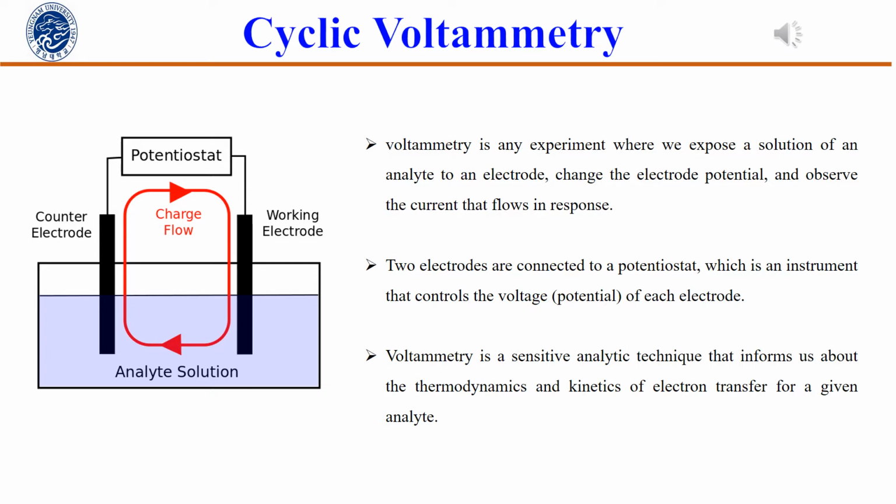Incorporating our analyte into a circuit is as easy as dipping two electrodes into our analyte solution. These two electrodes are connected to a potentiostat, which is an instrument that controls the voltage of each electrode.